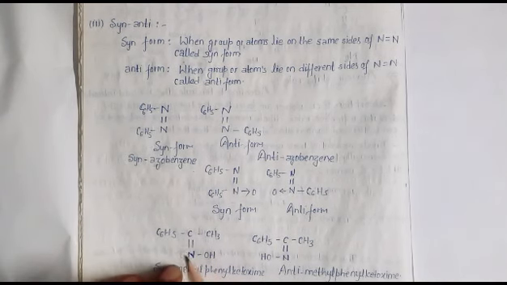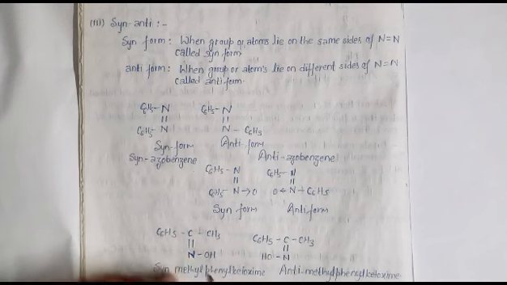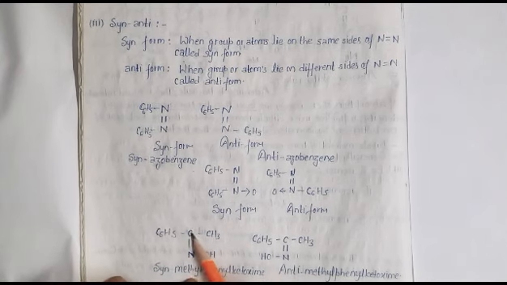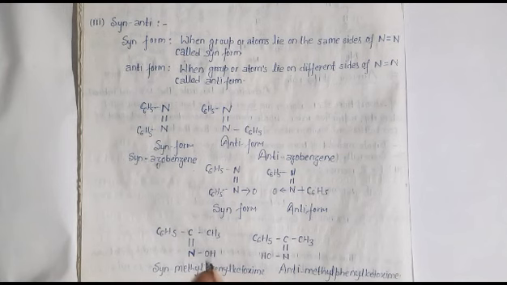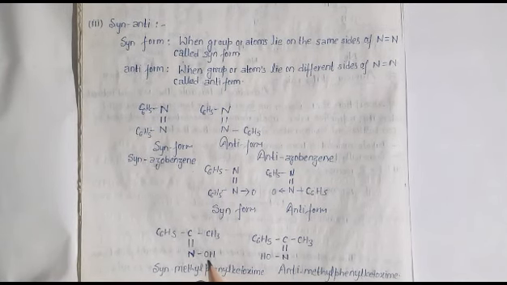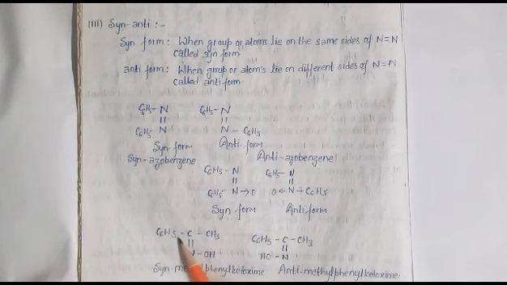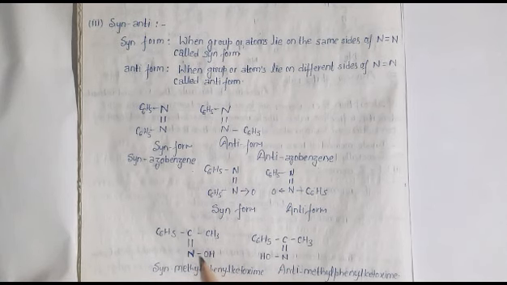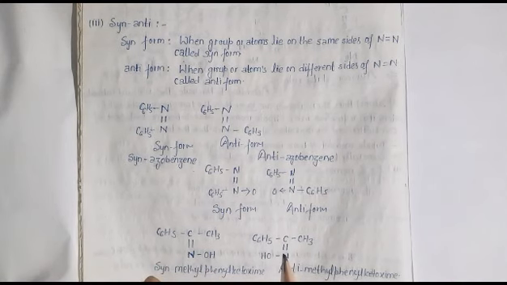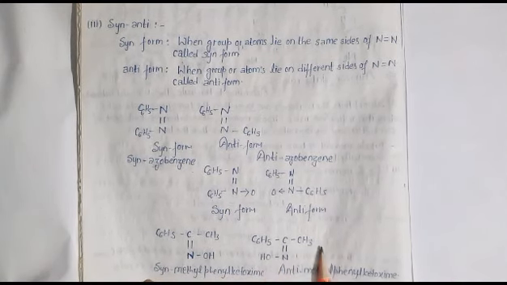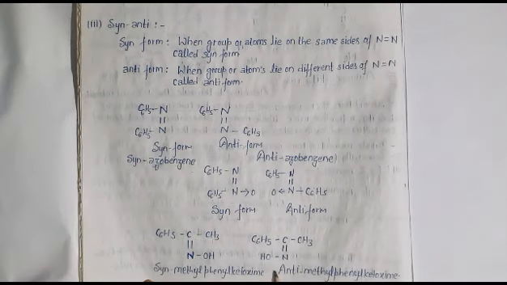Here the only point to be approached is syn and anti form. In the carbon nitrogen bond, in this case syn and anti depends on the hydroxyl group attached with the phenyl part. If the hydroxyl group lies on the right side, this is called syn form, and if the hydroxyl group or hydroxyl part lies on the left side, this is called anti form.